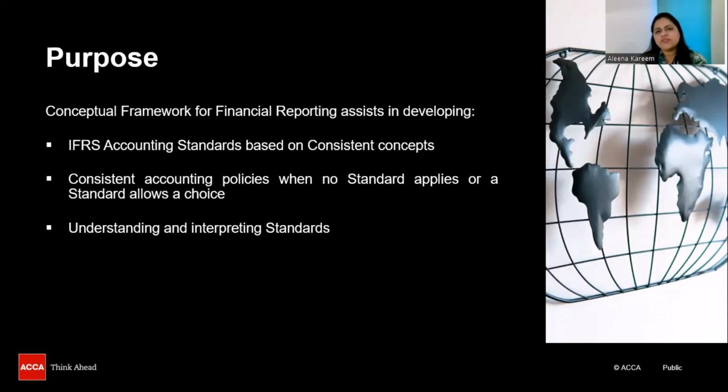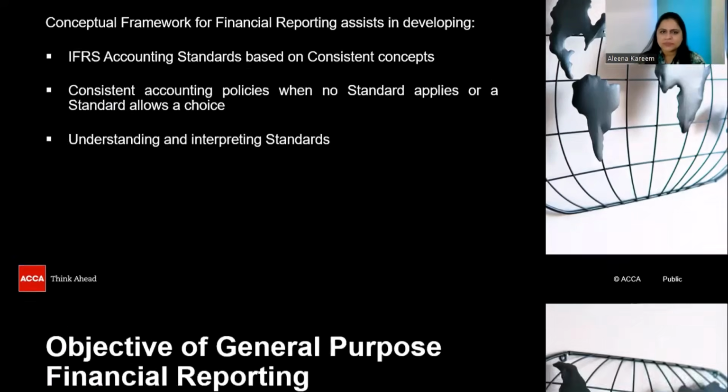Then it is used for the understanding and interpreting of standards also. Because of its consistent nature, it helps anyone who has a basic knowledge of accounting understand what the standards are talking about.